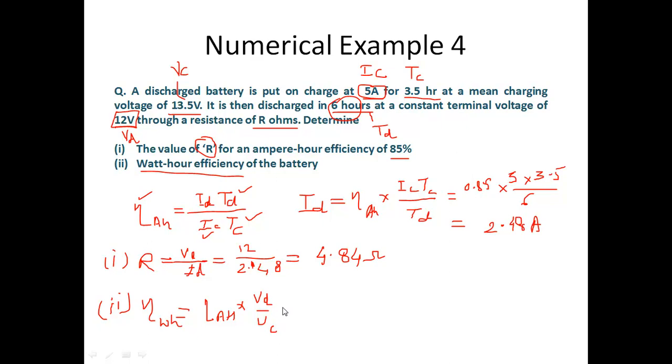Now the eta AH has been given as 85%, VD has been given as 12 volt, and VC has been given as 13.5 volt. So we can put the values and calculate the efficiency as 75.55%.